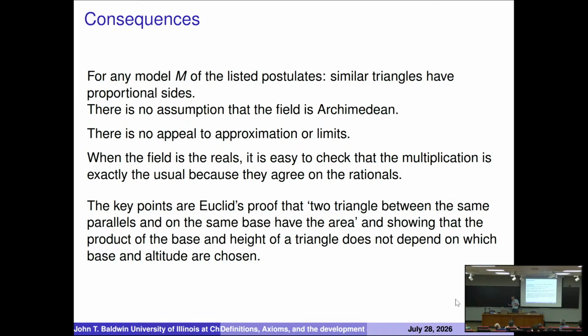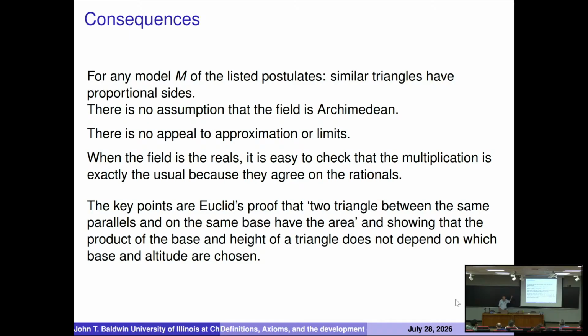And so the conclusion is that you get the commutativity. That will give you that when you look at the side splitter picture and then define the proportionality there, you get the proportionality from the similarity. And there's nothing about Archimedean, there's nothing about limits.